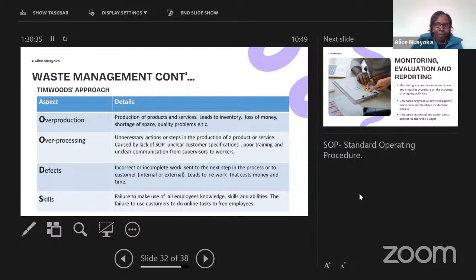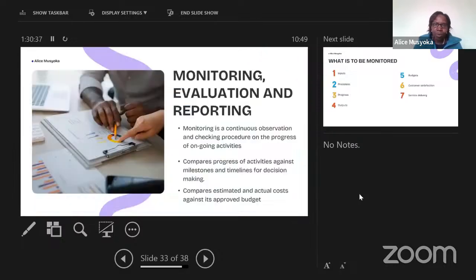So with that, we change gear and move to monitoring, evaluation, and reporting. So under monitoring, we say monitoring is a continuous observation and checking procedure on the progress of ongoing activities.